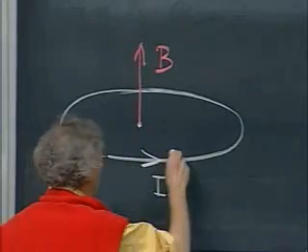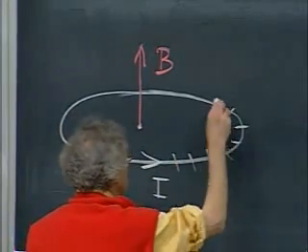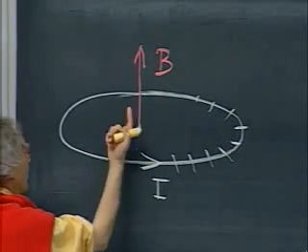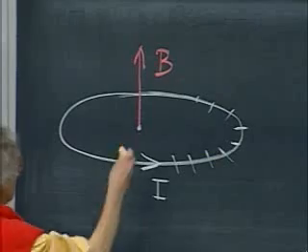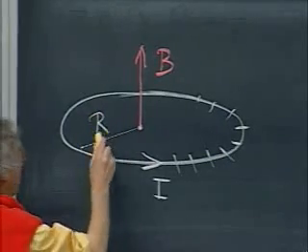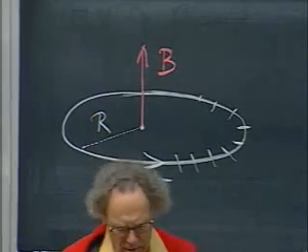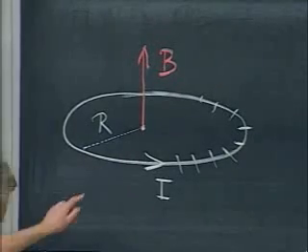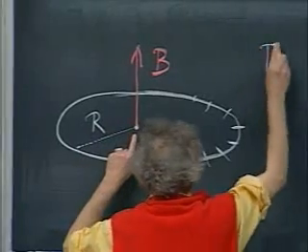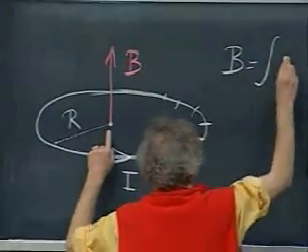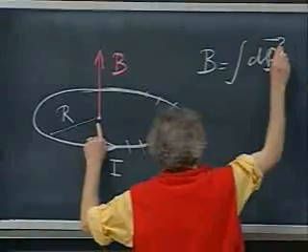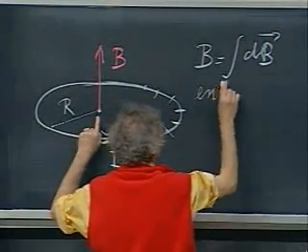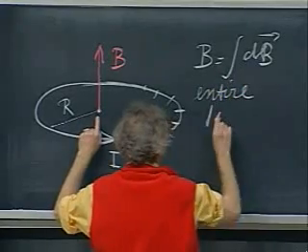Each little element along the line here, dl, will contribute a little bit of magnetic field at that point in this direction. And if this radius is r, with Biot-Savart we can calculate quite easily the total field that you would get at this location, because that total field is the integral of dB, vectorially, over the entire wire, the entire loop.